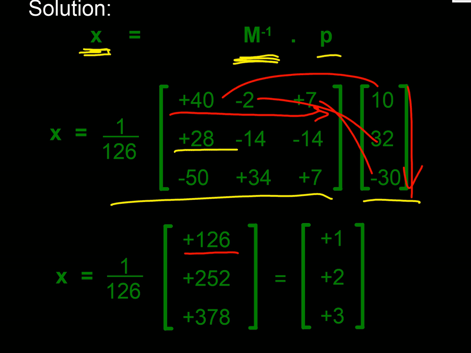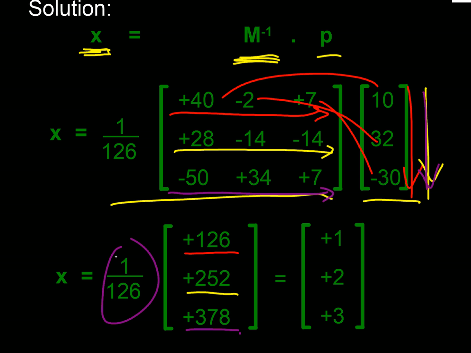If I do that for the next row and the column, I'm going to get 252, and for the bottom row and the column, I'm going to get 378. And then of course we have the determinant out front, the multiplier of 1 over 126, which is the same as dividing by 126, isn't it?